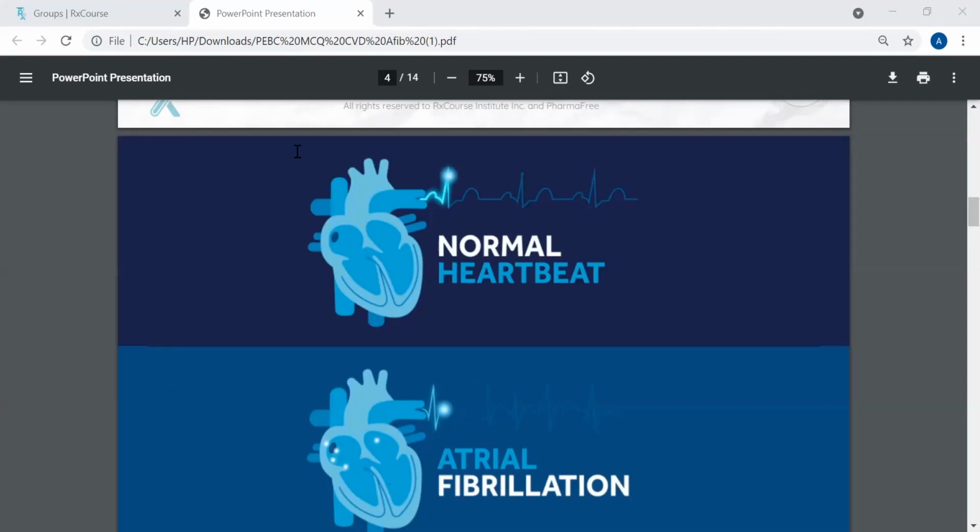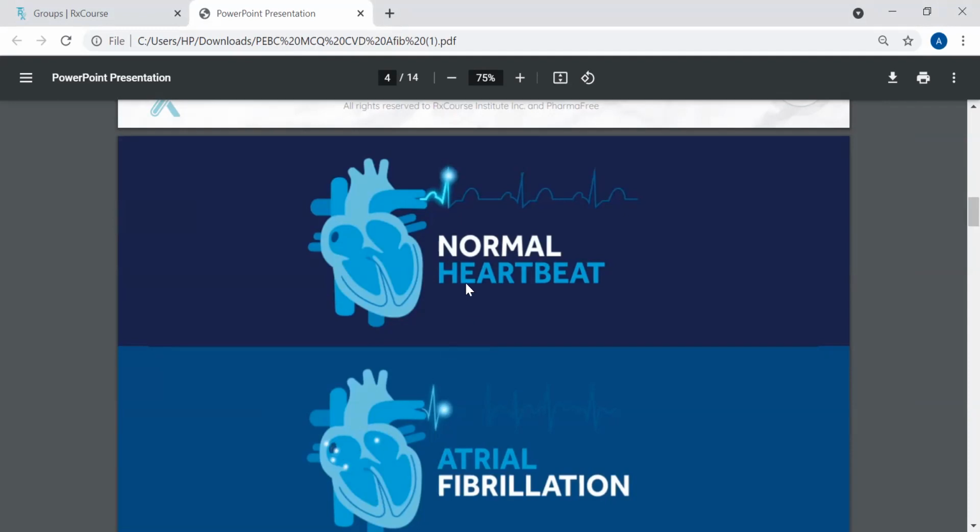Ablation means burning the ectopic focus. The doctor uses a laser or catheter, enters through the vena cava, reaches the focus, and burns it. So it will stop working and the rhythm will go back to the control of the SA node. Otherwise, the doctor will give something to control the electricity generation in the heart. Okay, so this is generally how arrhythmia happens.